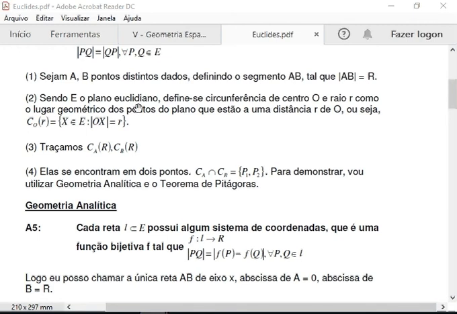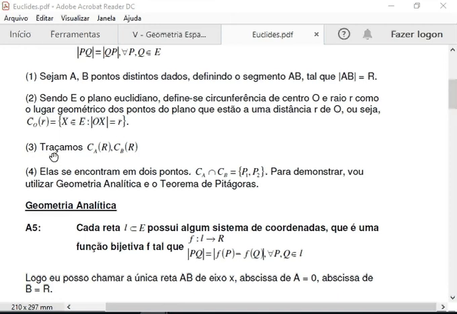Letting E be the Euclidean plane, we define the circumference or circle of center O and radius R as the geometric place of the points of the plane which are at a distance R from O, that is, circle of center O, radius R is equal to the points X in E such that the distance from O to X is equal to R.